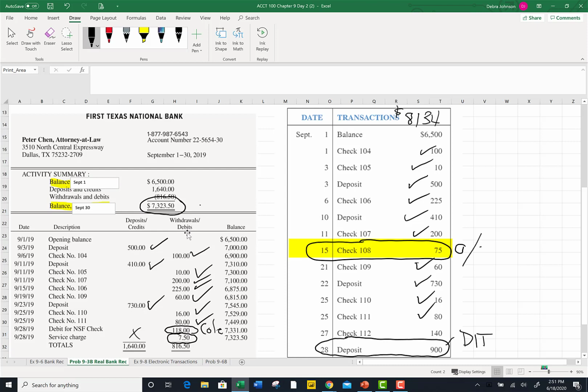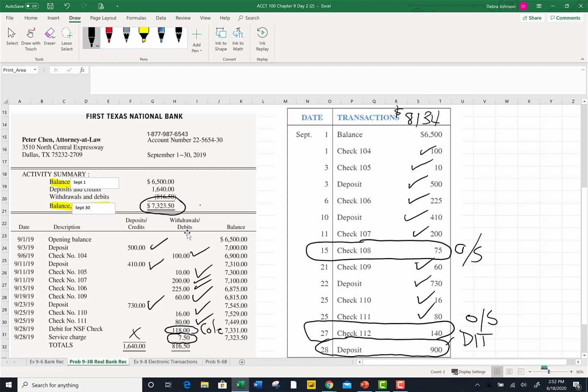This is the definition of an outstanding check, a check that we've written and recorded in our records, but it hasn't yet cleared the bank. There's a second check, check number 112 for $140, which represents another outstanding check, a check that we have written and recorded in our books that hasn't yet cleared the bank.